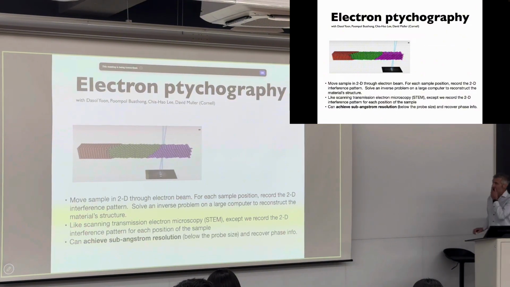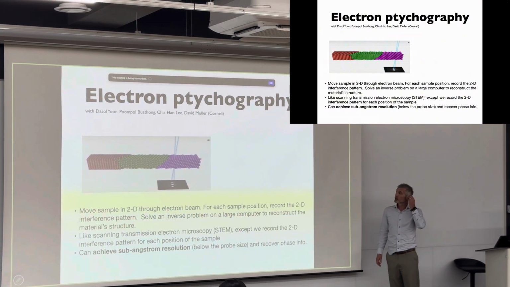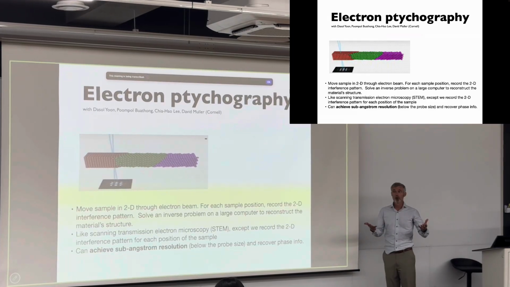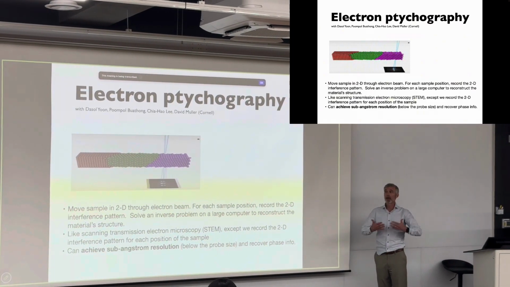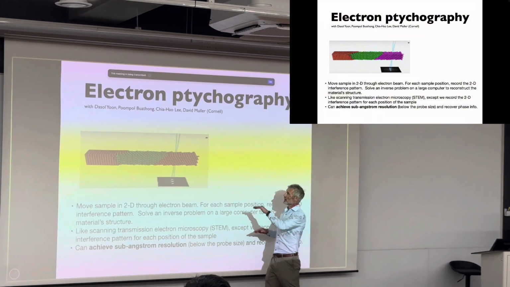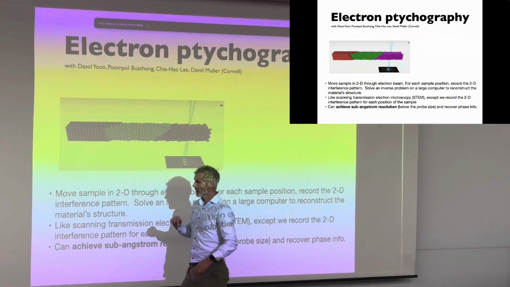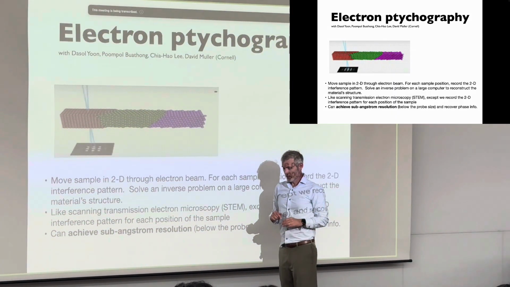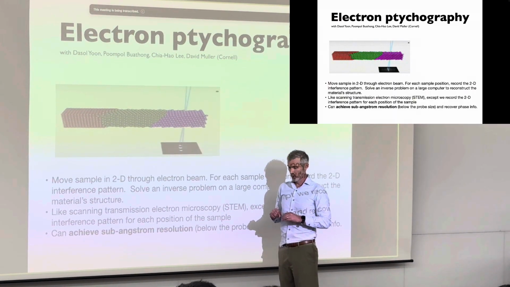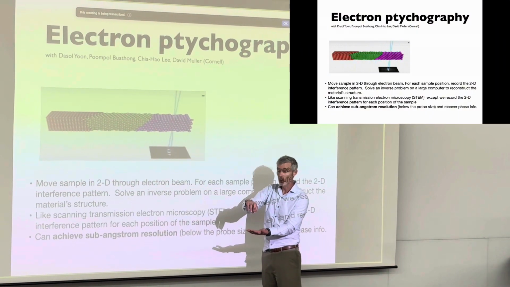So you have typically a crystal, and you're interested in understanding where the atoms in the crystal are. It's a thin slice of crystal, and we have a beam of electrons shining through the crystal, and then we have a detector below.